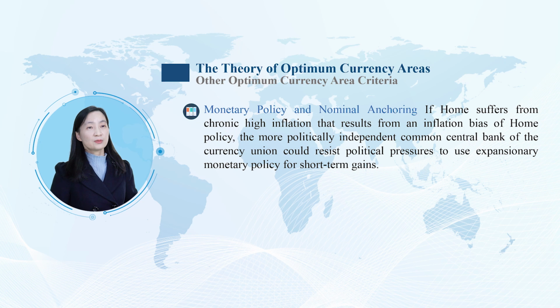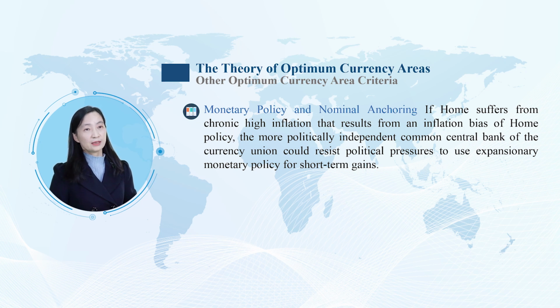It performs better by delivering low inflation on average and no worse levels of unemployment or output. In this case, joining the currency union improves economic performance for home by giving it a better nominal anchor. In this scenario, loss of monetary autonomy can be a good thing.